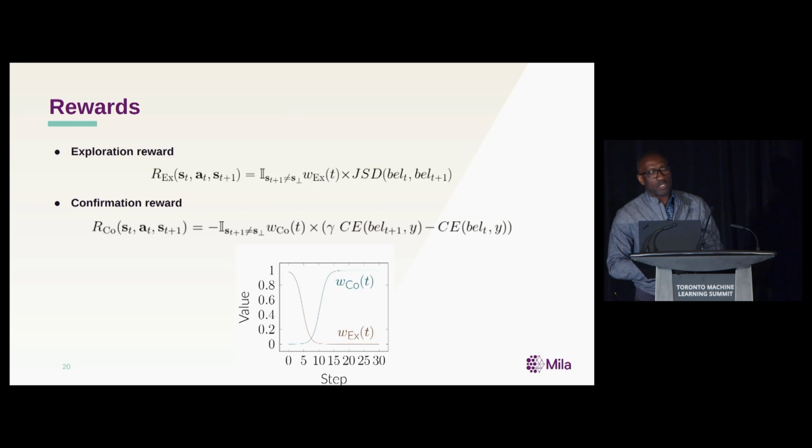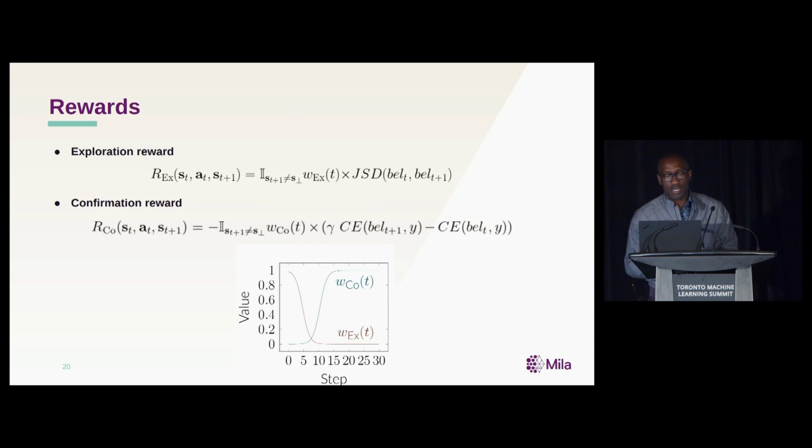As for the exploration reward, our idea here is to use the Jensen-Shannon divergence function between consecutive belief predictions. Our intuition is to encourage diversity between those consecutive predictions.